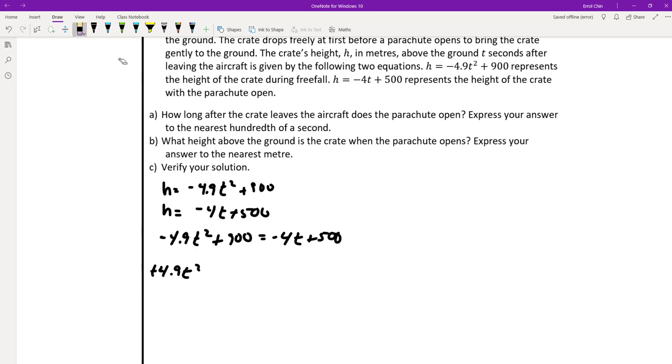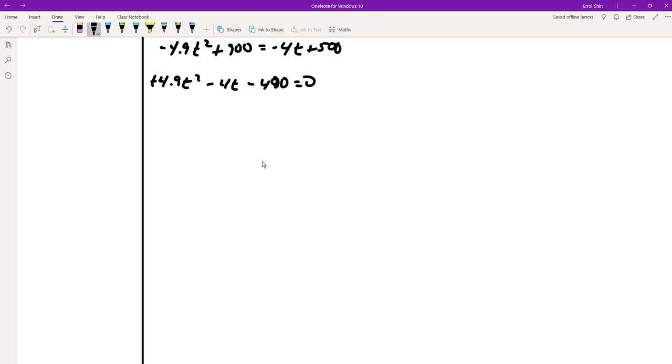So just doing a little bit of algebraic manipulation, this becomes negative 4t minus 400 is equal to 0, okay? And so what you notice is this becomes a quadratic equation. There's a couple things you can do. You can use the quadratic formula, or you can just punch it into Desmos. I'm going to use the quadratic formula.